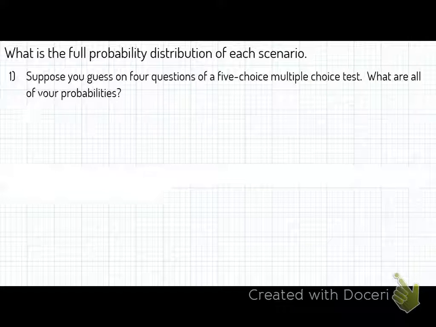Good. So the probability of success for that 1 problem is going to be 0.2. Okay? What's the probability of failing on that 1 problem? 80%. It's pretty high, right? Super high. Okay? How many attempts am I going to take in this scenario? How many problems am I guessing at? 4 problems, okay?